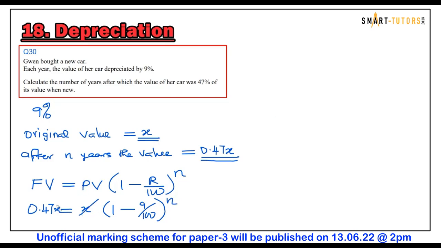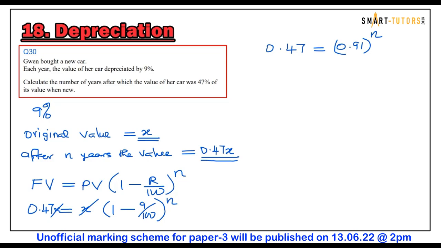So x and x cancel. So I'm going to get 0.47 equals 1 minus 9 over 100, that is 0.91 to the power n, right?